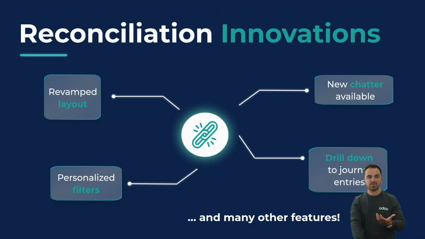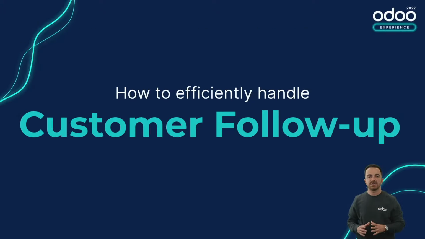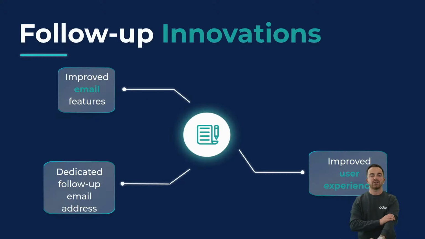Now, after we perform the reconciliation, if there are still some open overdue invoices, it's time to send efficient customer follow-up emails. This feature also received some improvements in the new version, starting with improved email and SMS templates, which are built into the follow-up reports, and dedicated follow-up email addresses, which now appear on the customer form.